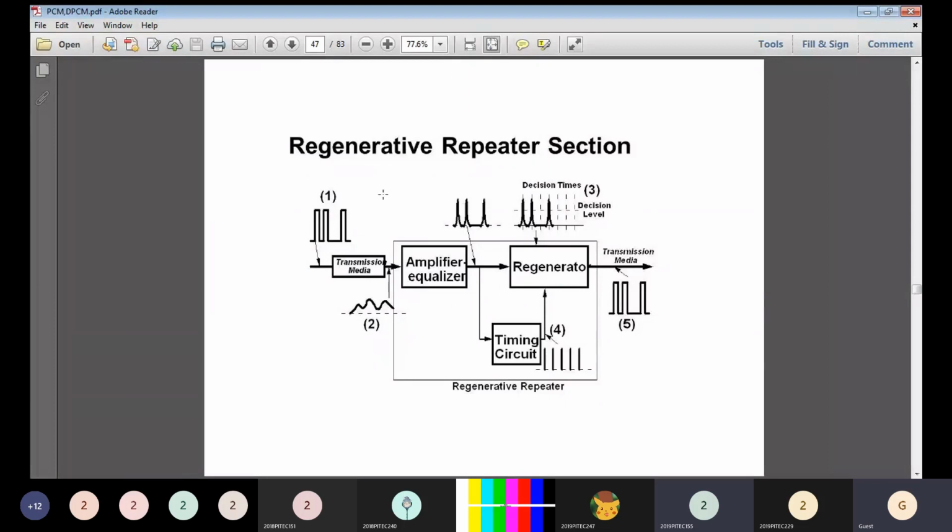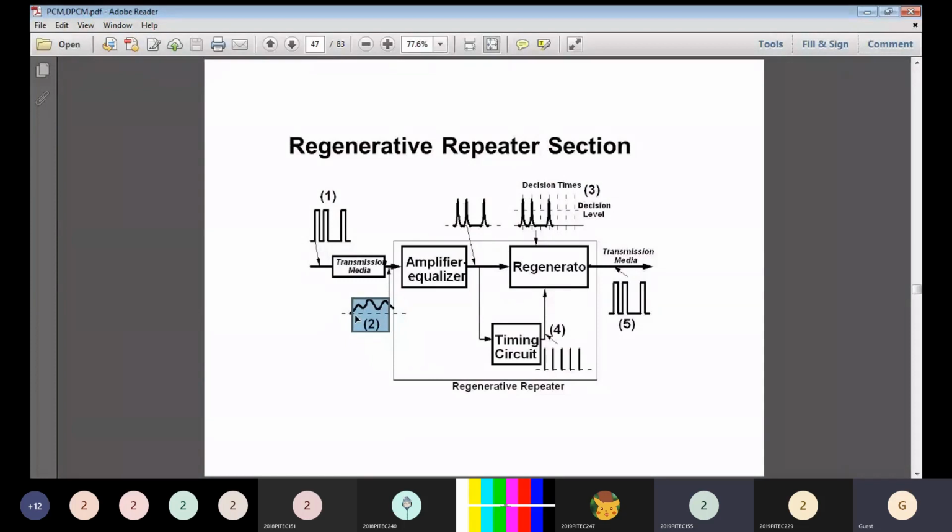This is the regenerative repeater section. Simply we can say our transmitted pulses are reconstructed here. Look at the diagram. The second waveform is the signal received at the starting point by the regenerative repeater.